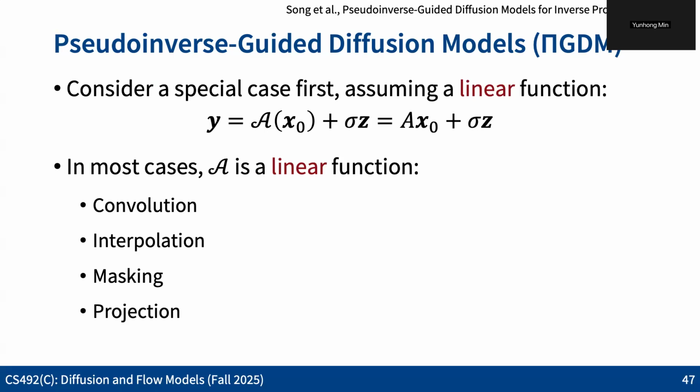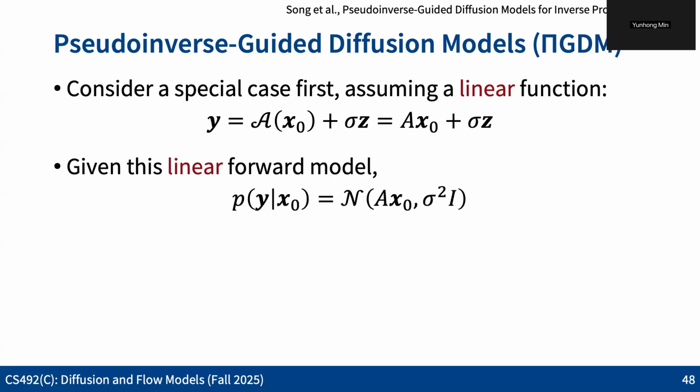Obviously there are some other cases that are not linear. But if we assume that this function is linear, then we can make it easier. Given that A is linear, we can treat this condition Y, the partial observation Y, as a sample from a Gaussian distribution.